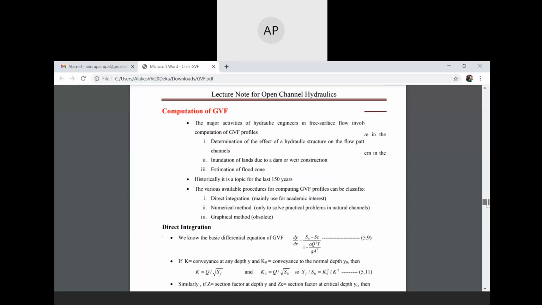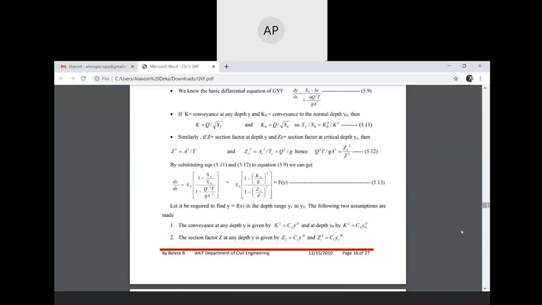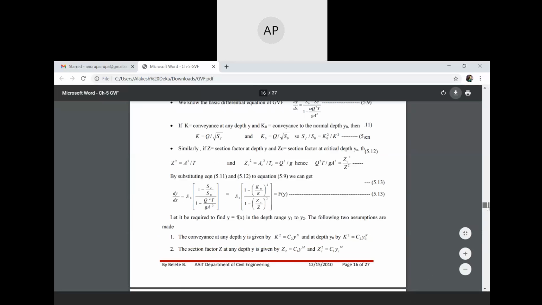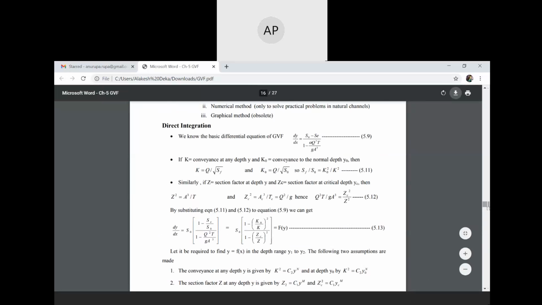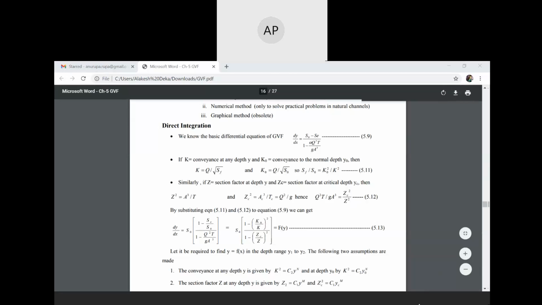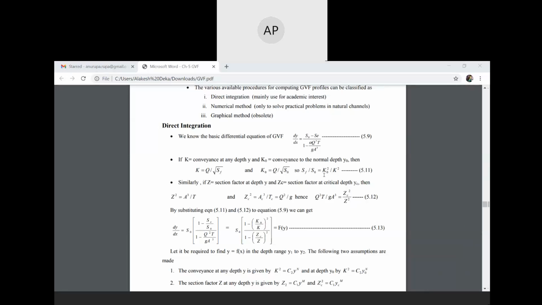So what is the direct integration method? As we know, the basic differential equation of gradually varied flow is dy by dx equal to S naught minus Sf divided by 1 minus alpha Q square T divided by g A cube.